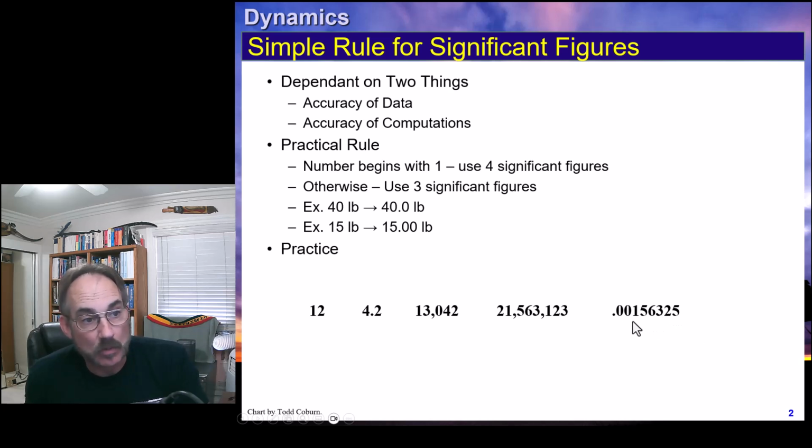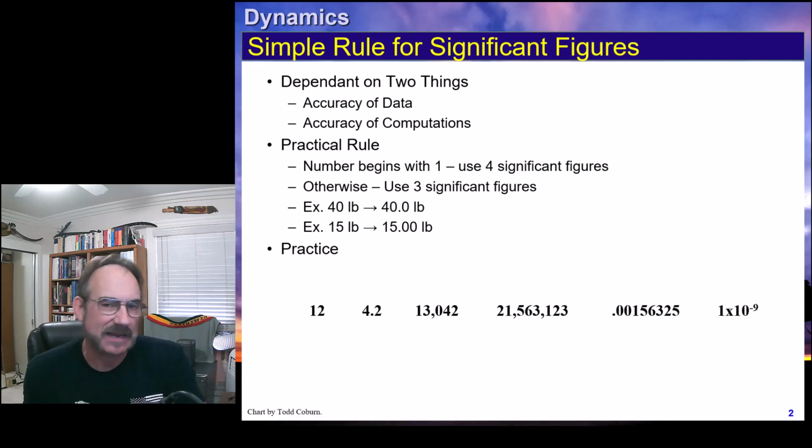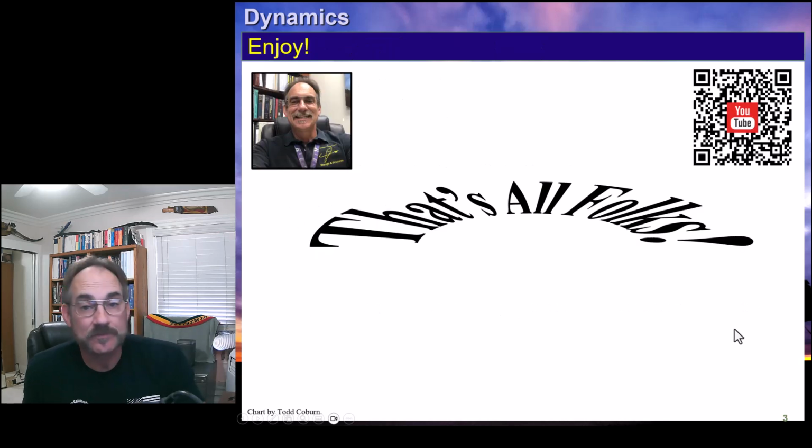So to follow our rule, we could say 1.563 times 10 to the minus 3, right? Or we could say 1563 micro whatever, like micro inches per inch or something. This 1 point times 10 to the minus 9 is showing only 1 significant digit, and we need to show 4. That is a practical rule.